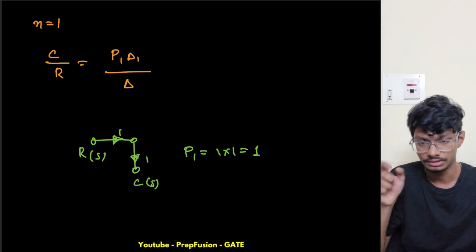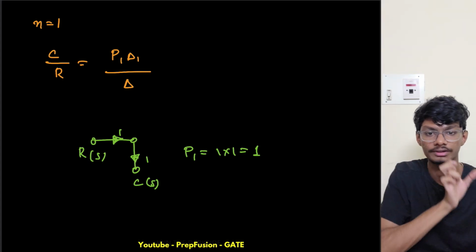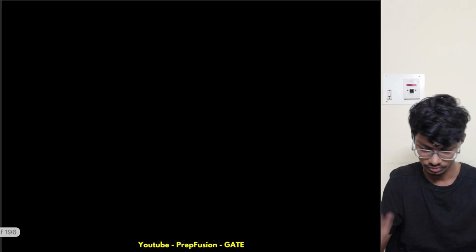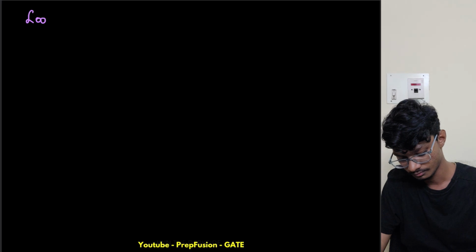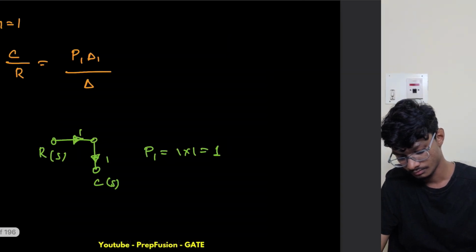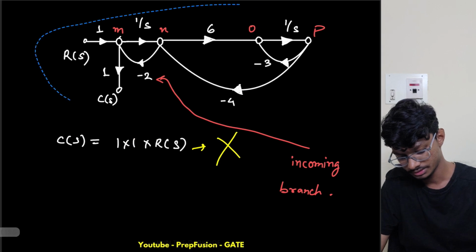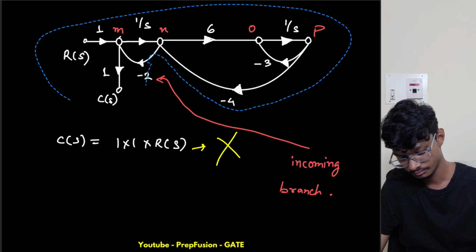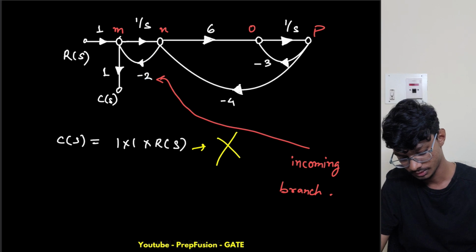Now let us find the loop gain, that is the determinant of this whole SFG, right? So how many loops do we have? Let's see. Let me copy this again.